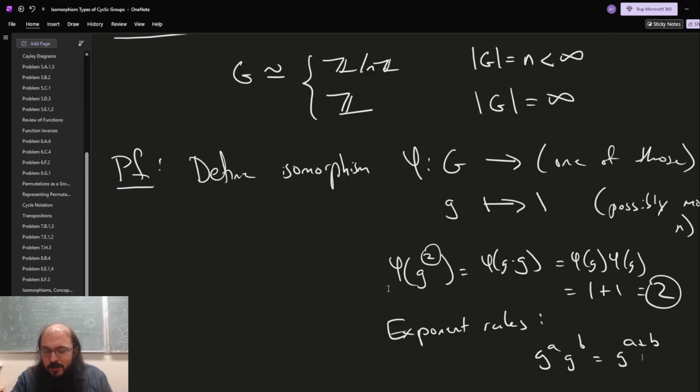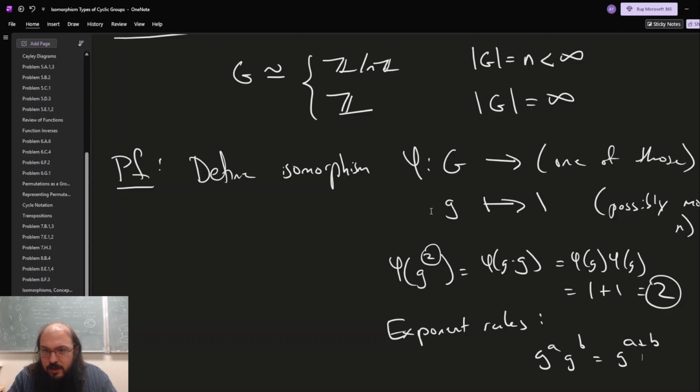And it's bijective for essentially the same reasons. It's injective because, in order for it to fail to be injective, we would have to have two elements that would be mapped to the same exponent in spite of being different. And we know that doesn't happen because of our discussion of the order from last time.